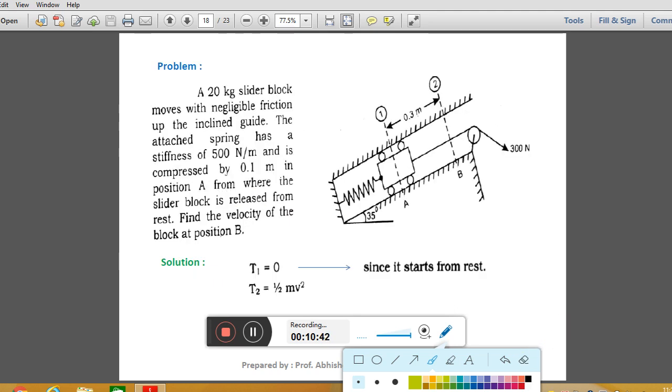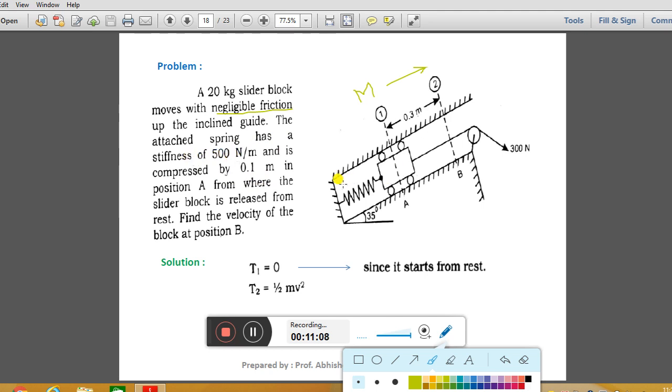Now let us solve the second problem. Read the problem. A 20 kg slider block moves with negligible friction up the inclined guide. That means the block is moving upward, so the motion is in the upward direction. The attached spring has a stiffness of 500 Newton per meter.